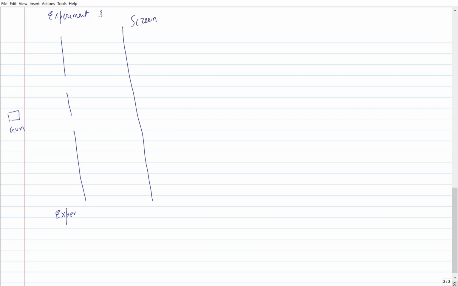Now, what happens, my experiment 3 would be, I open both the slits of the double slit experiment. I have a gun. Experiment 3. I have a screen. Both slits are open, and well, what do I get?